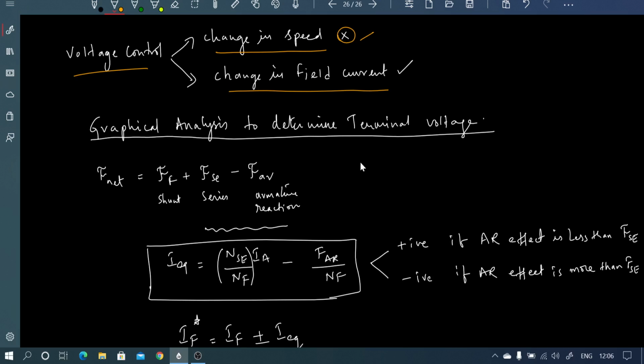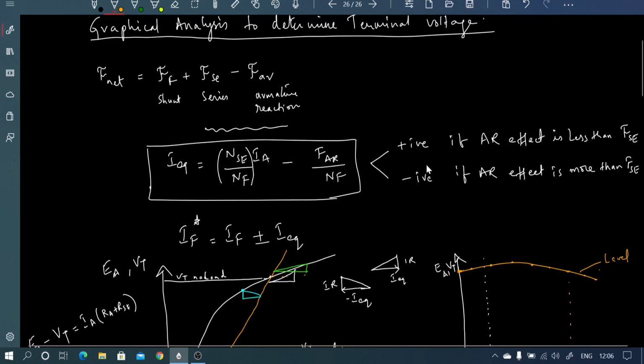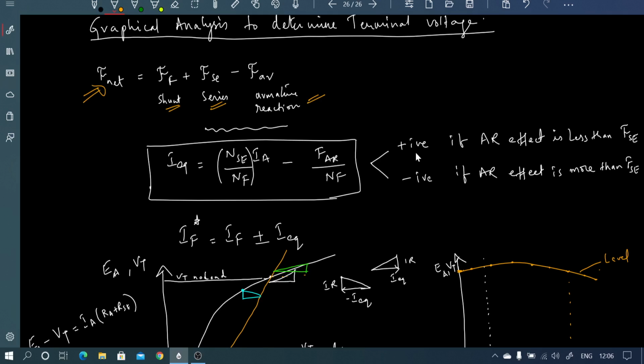Now coming to the graphical analysis to determine the terminal voltage in case of a cumulative compound generator. So here the net MMF, F net, is equal to the shunt MMF plus the series MMF minus the armature reaction MMF. So these two are acting opposite to each other.